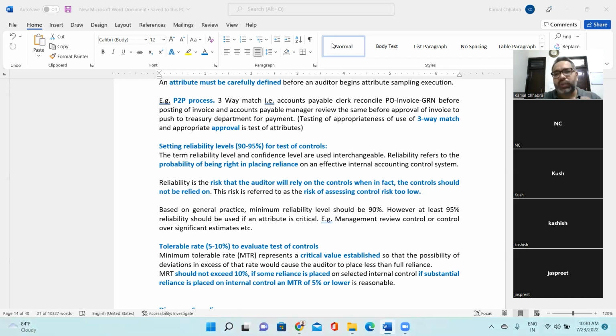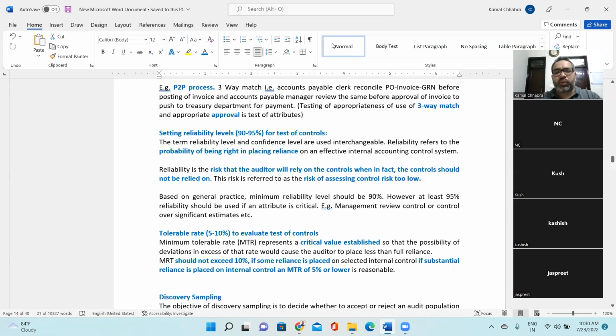You cannot go more than 95% where you have identified a high risk area, significant risk area, fraud risk area, or the risk of management overriding of control.